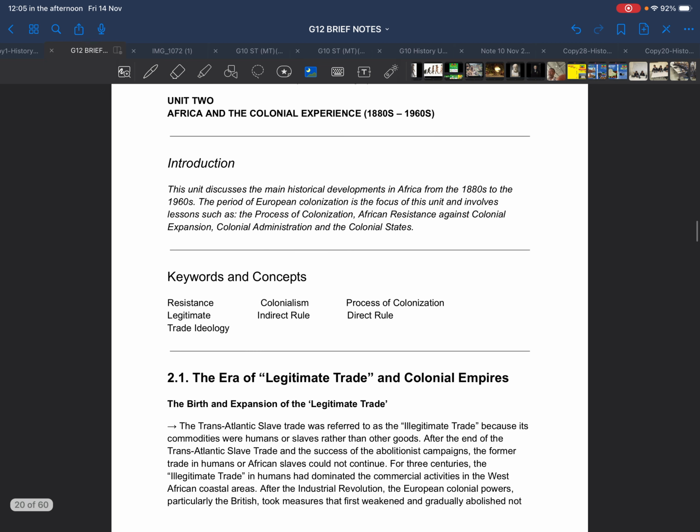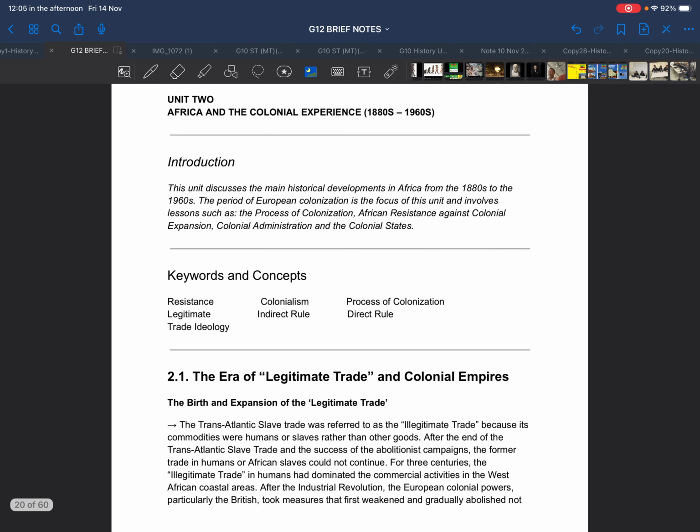So let me move to Unit 2, Africa and the colonial experience, 1880s to 1960s. As I said in the introduction, because I have already uploaded Unit 1 of Grade 12 history, in that introductory part I explained that it's improper to mention ancient African history or medieval or modern African history.